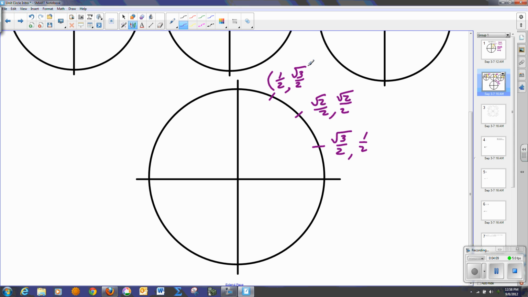If I have those x and y values, then I have a ton more, because I know that all circles are symmetric about a number of different axes.